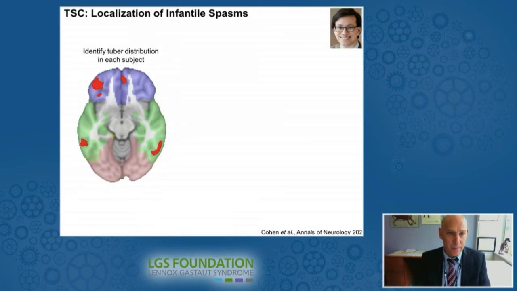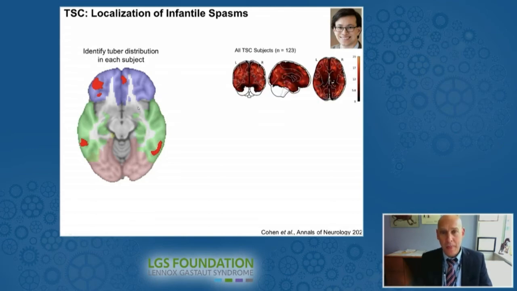Anyway, so we went back to each subject and we mapped their tubers. In this case, this is just in one plane of one patient, and we would map them in red. We would have a distribution and a volume by lobe. And if you put all the tubers on top of each other in a common space, you can create a heat map of tuber distributions. So this is all the subjects on top of each other.